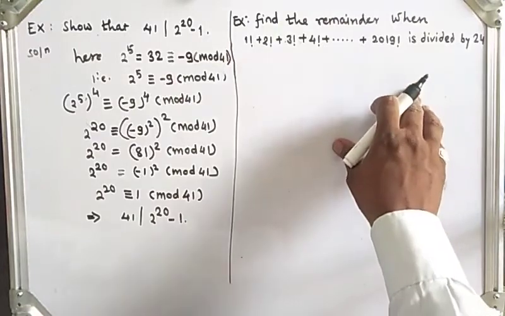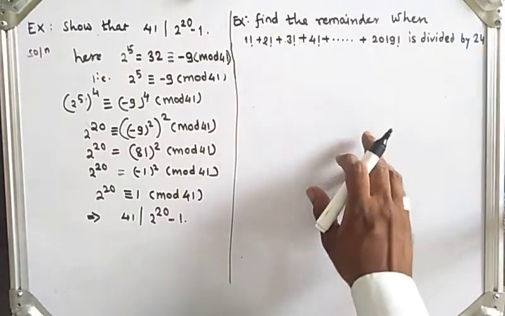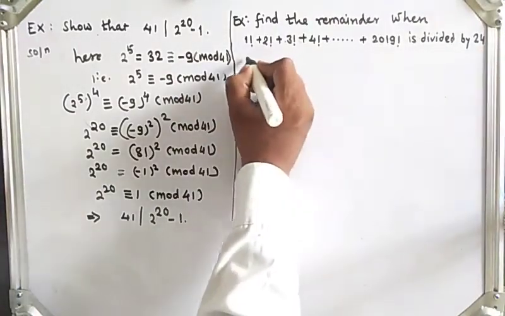So to find the remainder when divided by 24, let's see the solution.